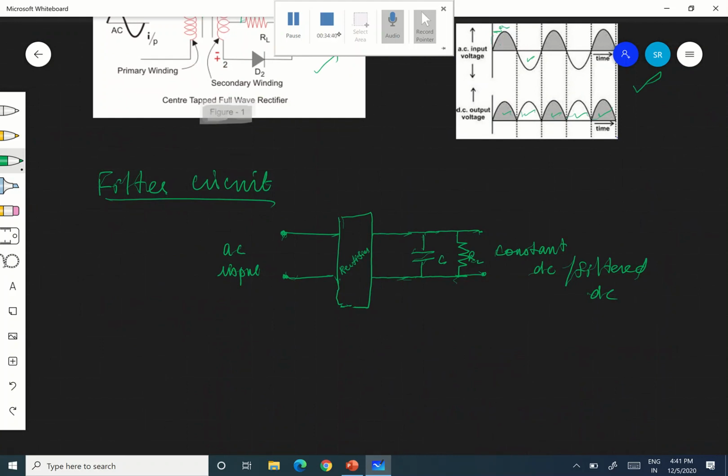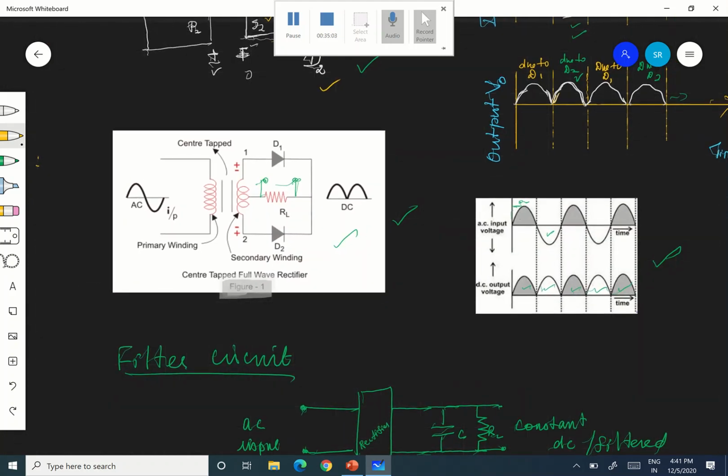Constant DC means, if you plot a graph here, with output and time, a constant DC will look like this. Here it is a variable DC.